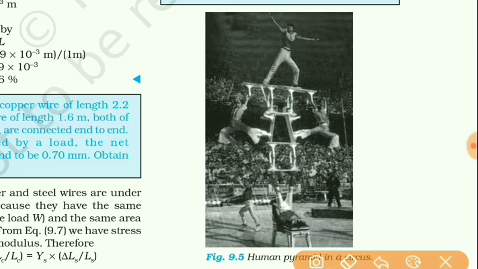Here you can see there is a person lying on a table and the other persons, with the help of some instruments, that is some tables and all, form a human pyramid. So this type of concept is given here.